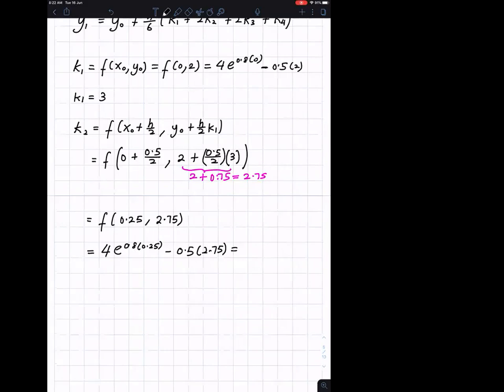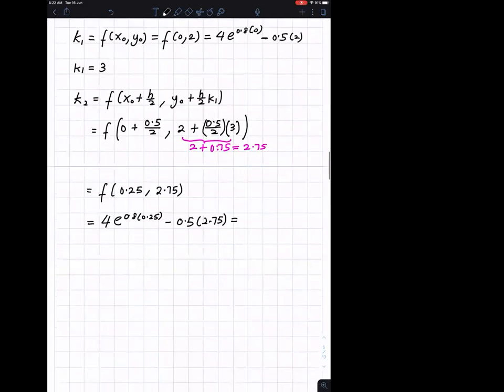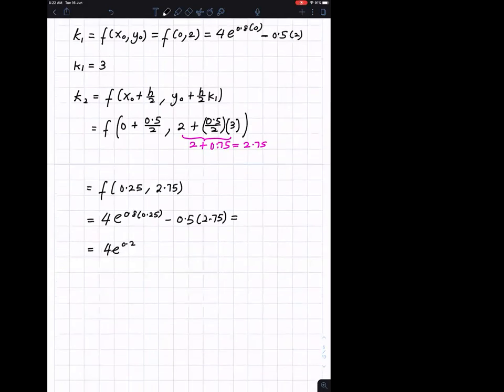That's going to be 4.885 minus 1.375, which is equal to 3.511. So K2 is 3.511.